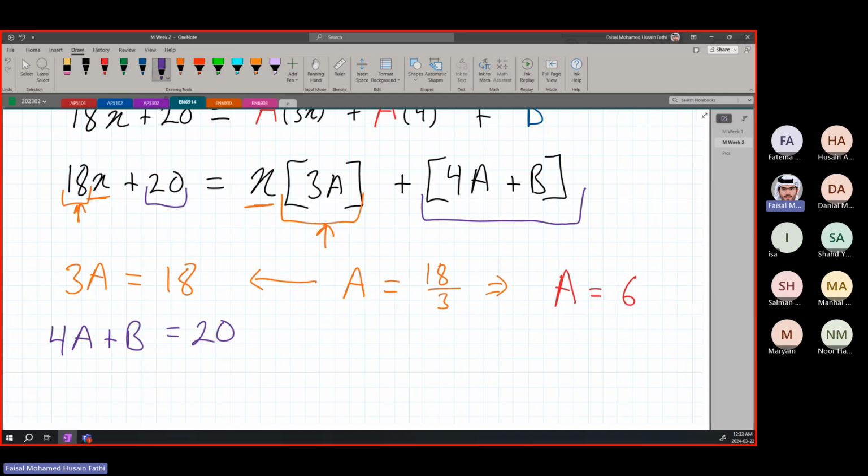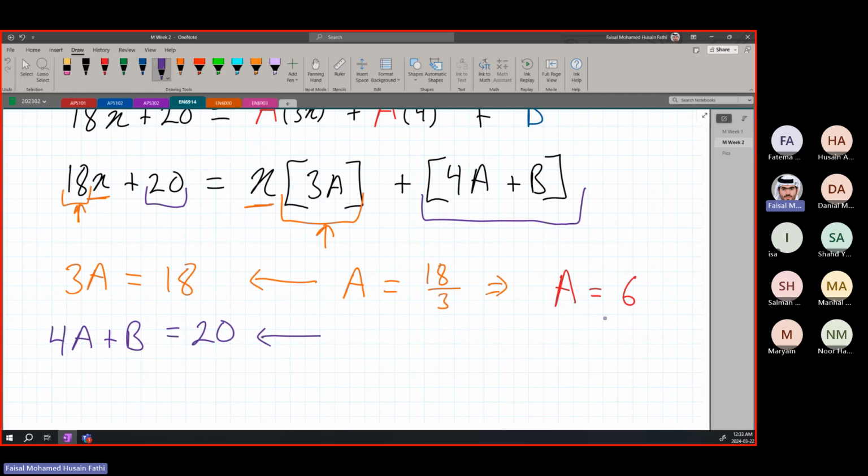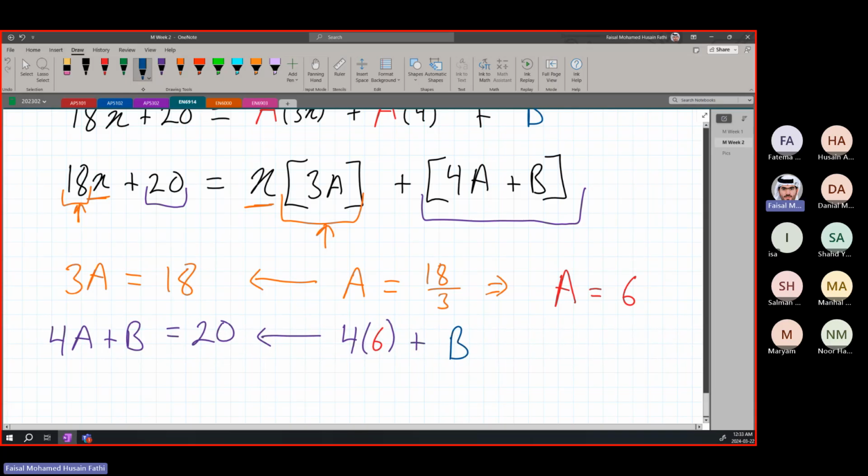Now we already have a value for a, so we can substitute this value of a into this equation. So we have 4 times a. What is a? a is equal to 6, plus b is equal to 20. And now we can solve for b.